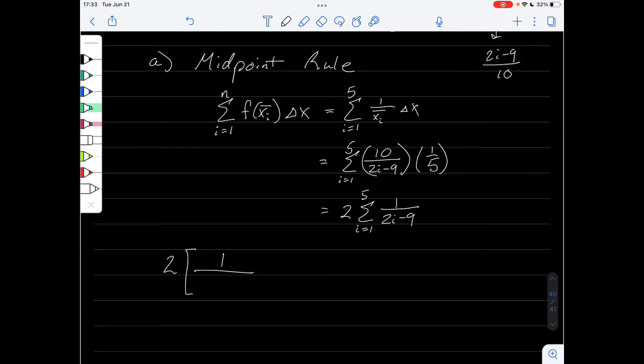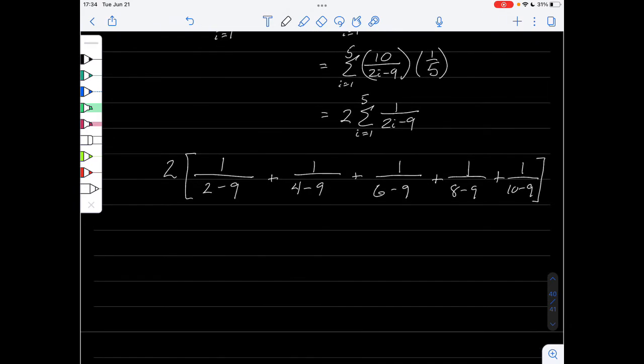When I is 1, it's just 2 minus 9. When I is 2, it's 4 minus 9. When I is 3, it's 6 minus 9. When I is 4, it's 8 minus 9. And when I is 5, it's 10 minus 9.